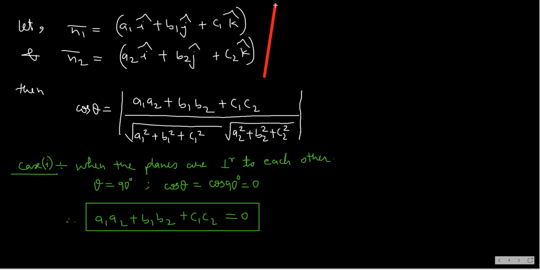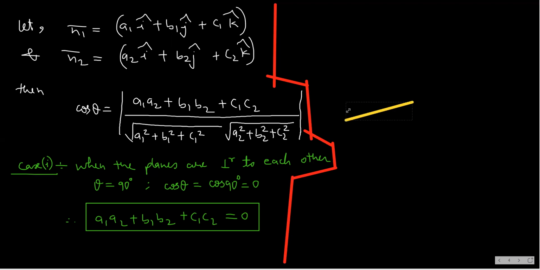Fantastic. Now I go for case 2. See, what is case 2? Case 2 is if the two planes are parallel to each other. Now see students, if the two planes are parallel to each other, what will happen? Very simple. I have two planes which are parallel to each other.